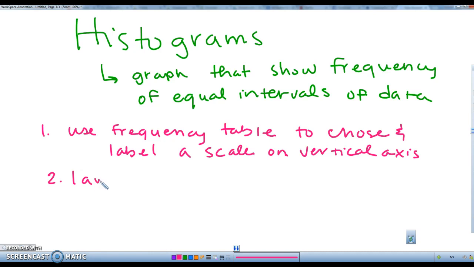We will label the horizontal axis with the intervals the frequency table provides.